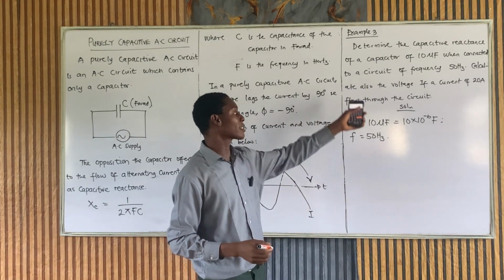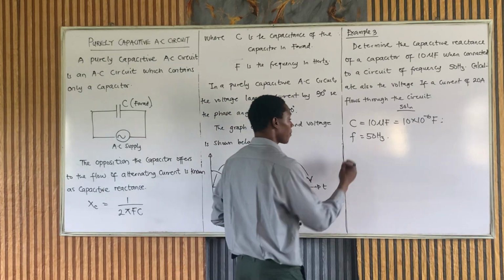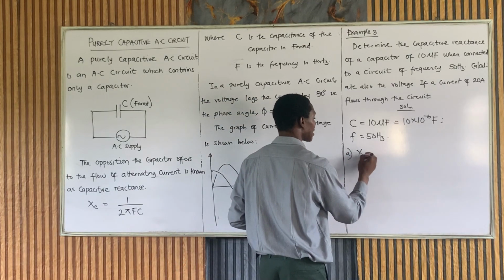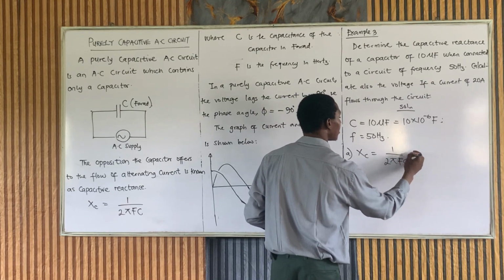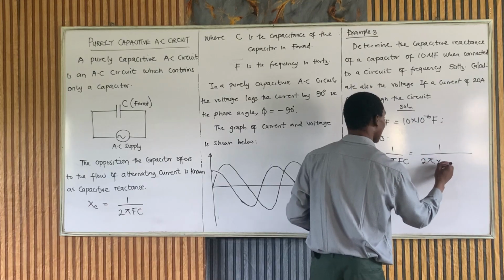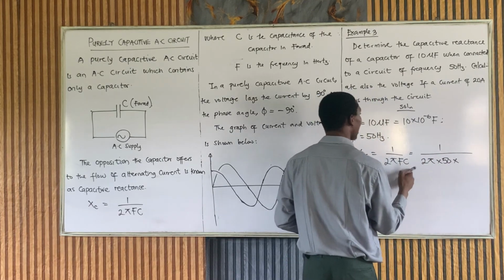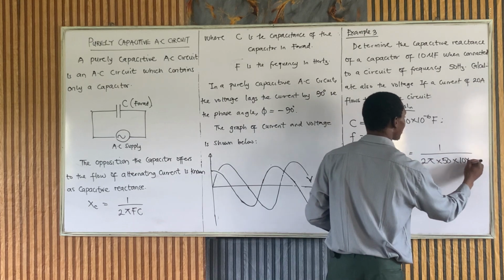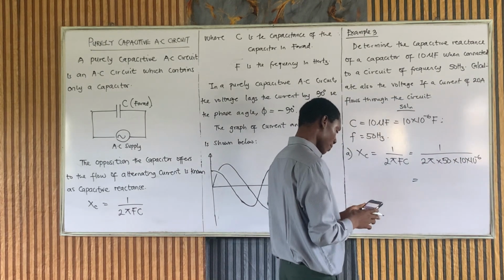We have to determine the capacitive reactance. So that's the first thing we have to get here, capacitive reactance, and that's 1 over 2 pi FC. So that will be 1 over 2 pi times our frequency 50, then times the capacitance, which is 10 times 10 raised to the power minus 6. So let's evaluate this now.